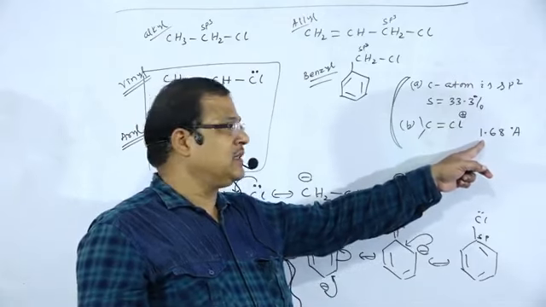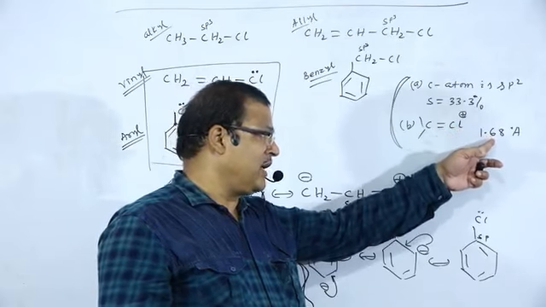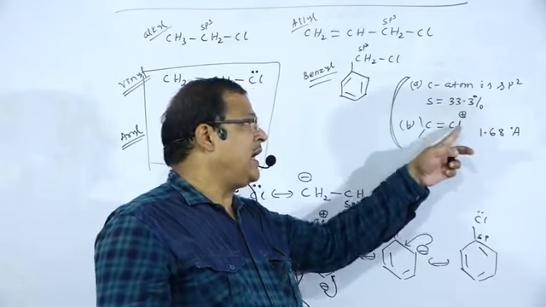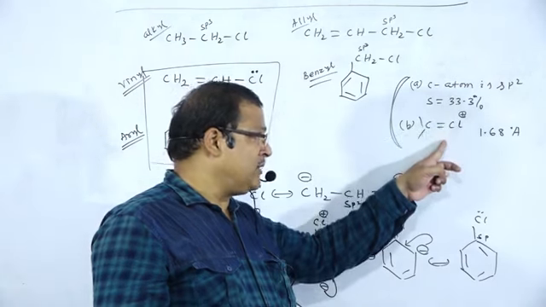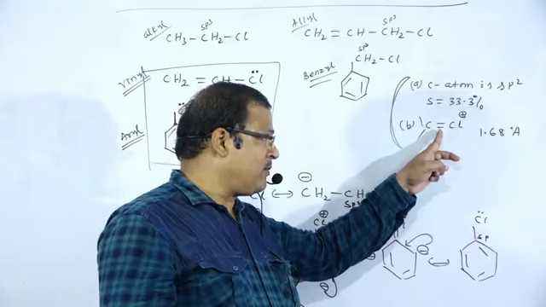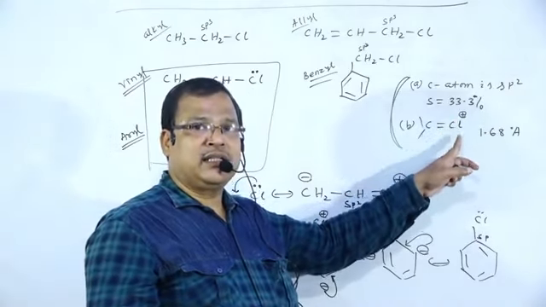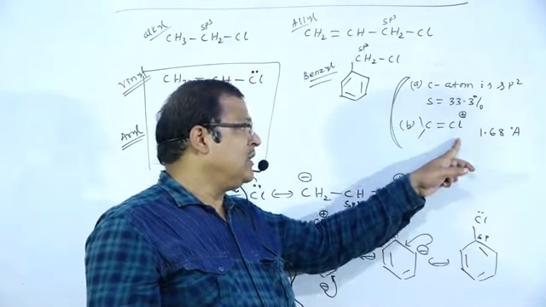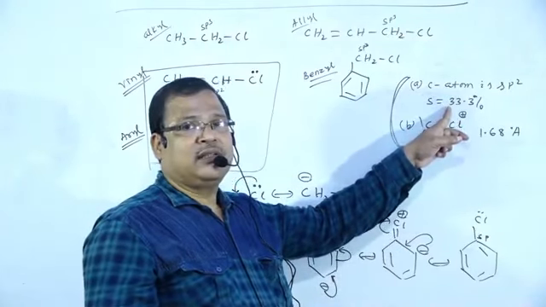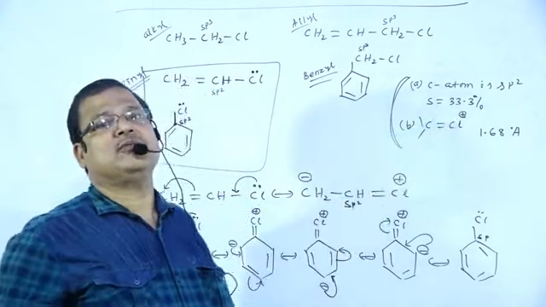Because of decrease in bond length and increase in bond strength, there is the development of double bond character. Bond length decreases, bond strength increases, and moreover, the higher the S character, the more the bond strength becomes.